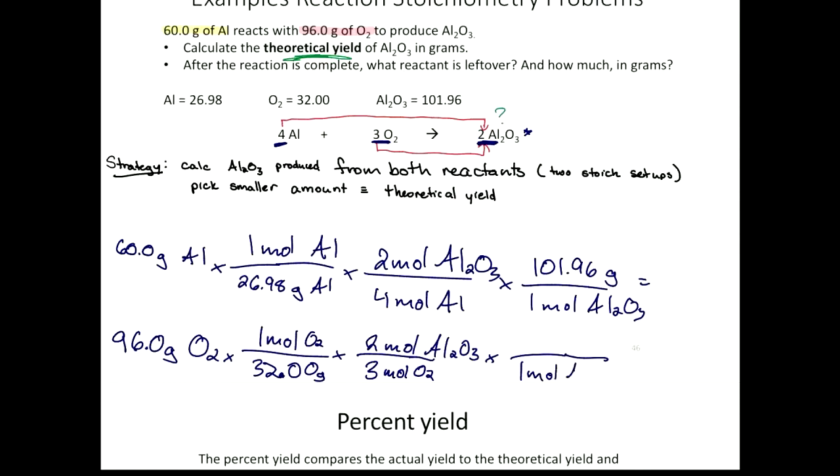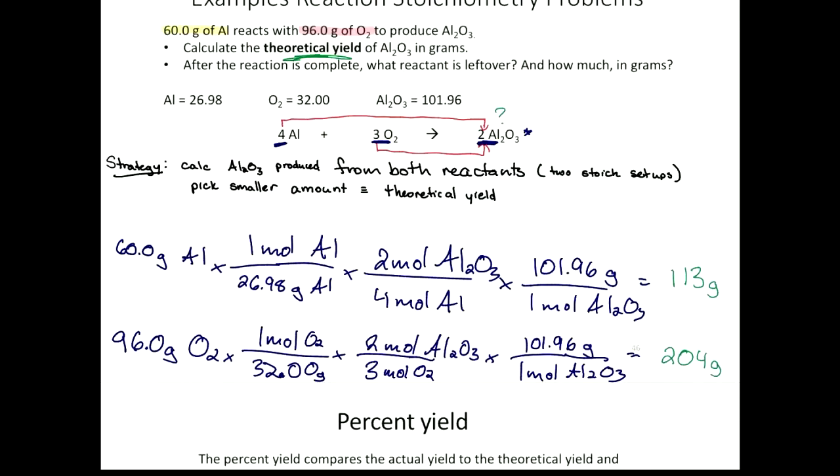So moles of my product is 101.96 grams. All right, so I like to do the 2 setups and only pick up my calculator once because I'm lazy. And so what we get is that if all of that aluminum reacts, we get 113 grams of product. If all of the oxygen reacts, we get 204 grams of product.